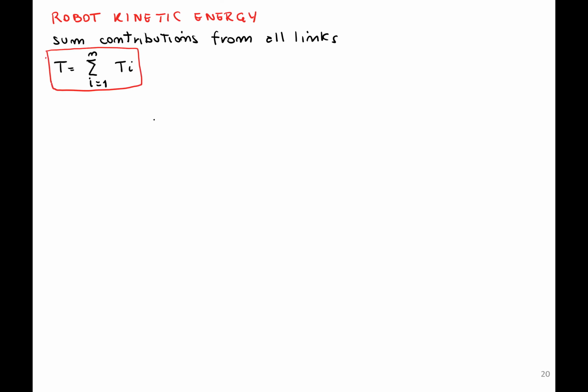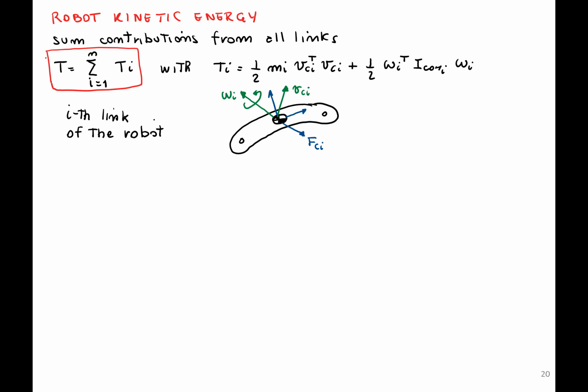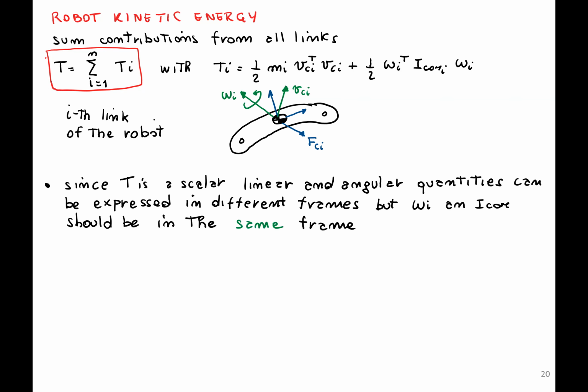So we said we sum the contribution for all the links, and for link i, we use index i, and we rewrite what we wrote before for the rigid body, considering the ith link of the robot, where we attach a frame to the COM. Since the kinetic energy is a scalar, these two quantities can be expressed in different frames at our convenience.